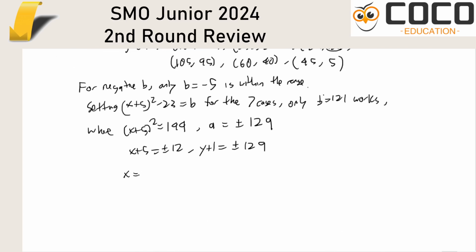And so x equals 7 or minus 17, y equals 128 or minus 130 are the two possibilities, and it just appears that you have got any combination being fine.